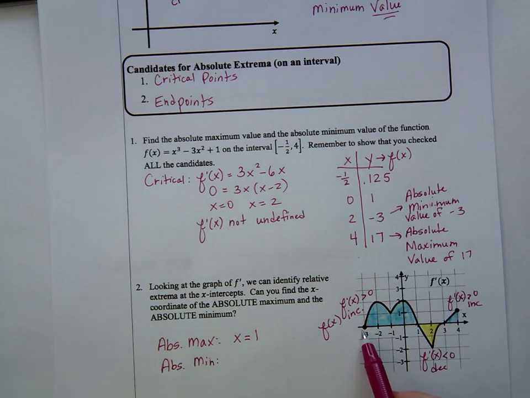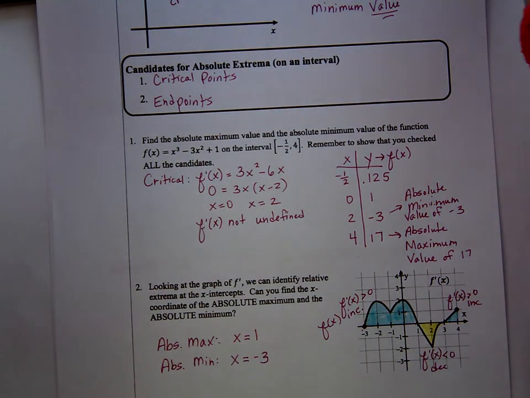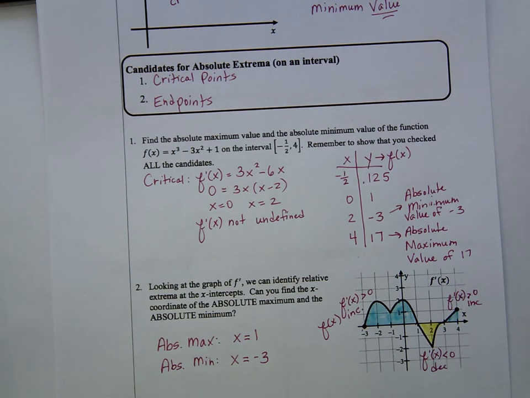Because remember, it started at this low place, and then it increased for this whole big time, and then it decreased, but not as much as it increased. So that means it went down, but it didn't go down as low as where it started from. So you have an absolute minimum at x equals -3. I know that's kind of an odd question, but that's what you're looking at for that guy.